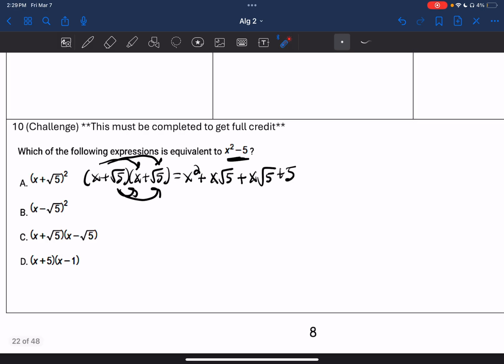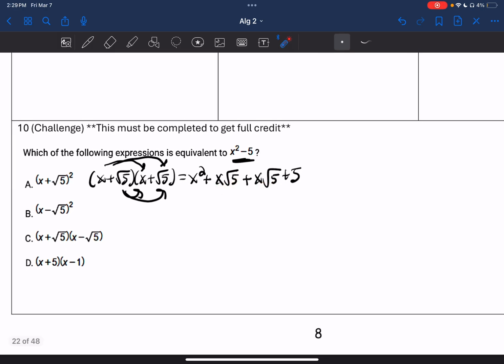And this one is a little bit tricky. If we have x root 5 and we have another x root 5, what do we do with that? Well, we have one x root 5 plus another x root 5. We're going to get x squared plus 2x root 5 plus 5. Actually, take this, slide it up there. All right, let's try this one.